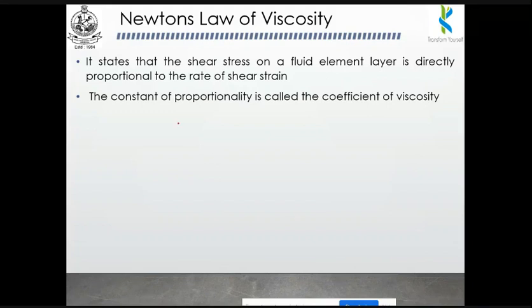For example, when we say A is directly proportional to B, if you want to remove this proportionality, you have to use a constant, right? So we can write it as A equals C times B. This constant value is used to remove the proportionality. In Newton's law, we are saying that shear stress is directly proportional to shear strain, like du by dy.